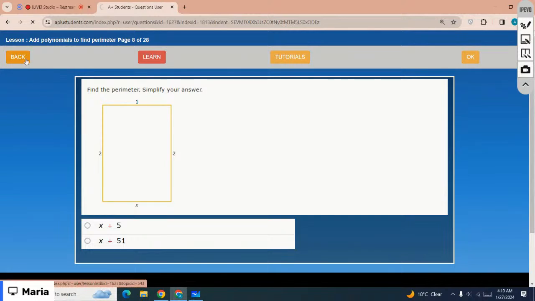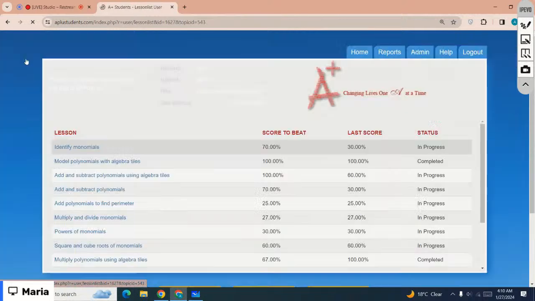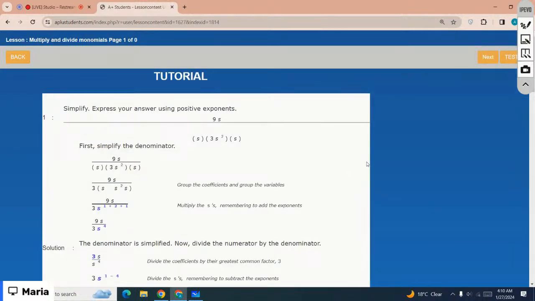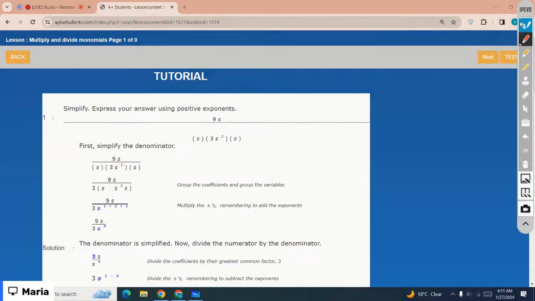Let me move on to the next lesson, that is multiply and divide monomials. Let's start with the first example, that is 9s divided by 3 s square and s.